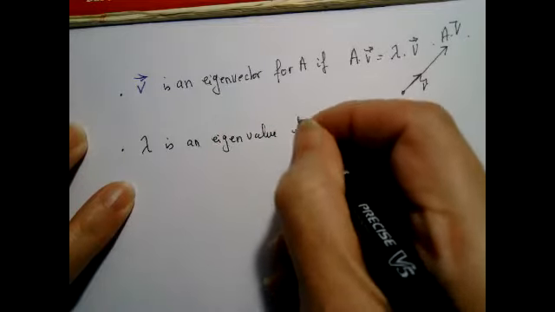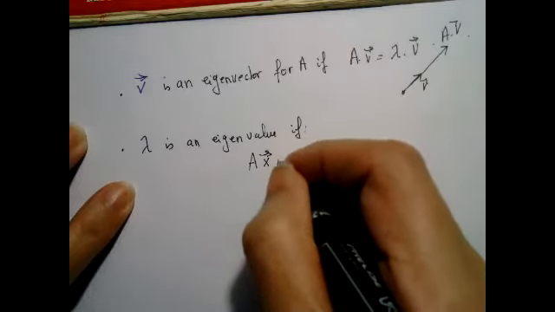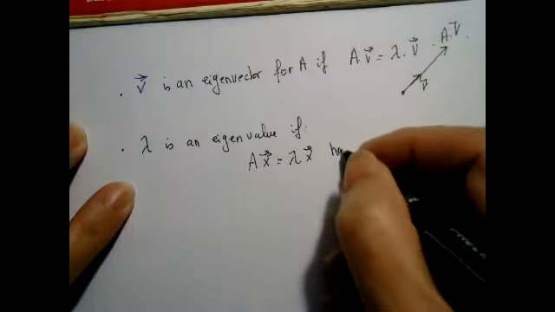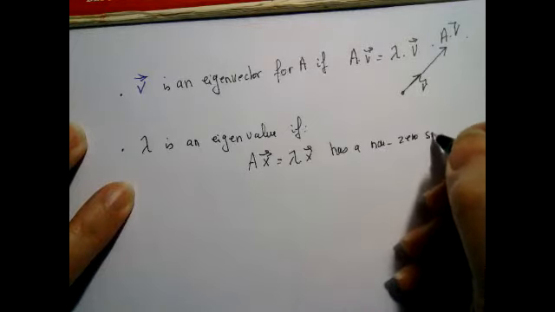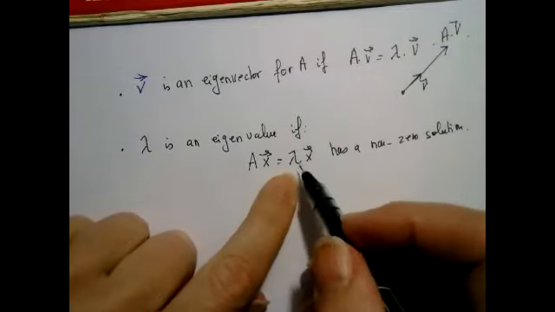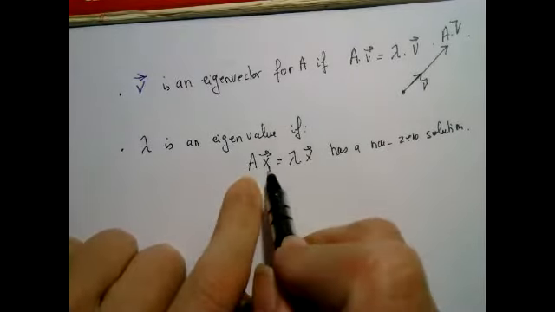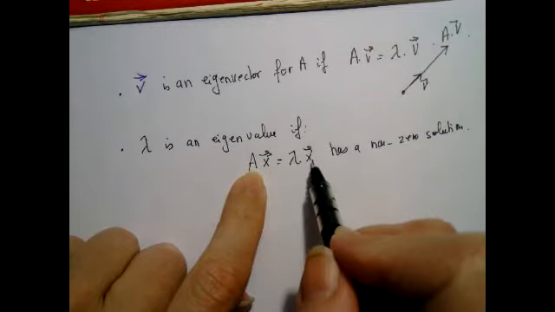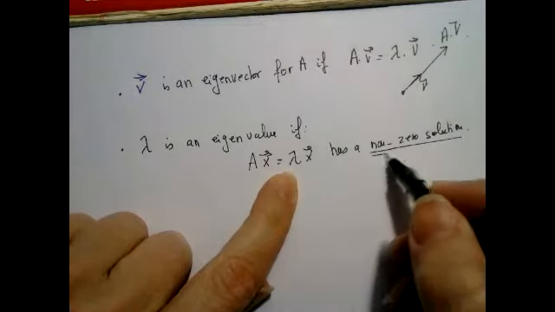Lambda is an eigenvalue if we can find a non-zero vector x, so if Ax equals lambda x has a non-zero solution. It means a number lambda, like lambda 2, lambda 3, lambda 4, is an eigenvalue if we can find a vector such that A stretches this vector by the scalar lambda, and a non-zero solution, that's really important.